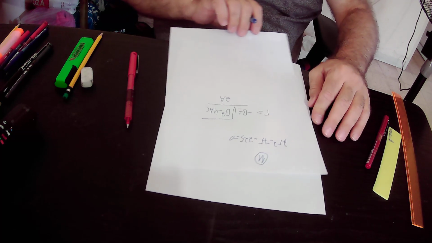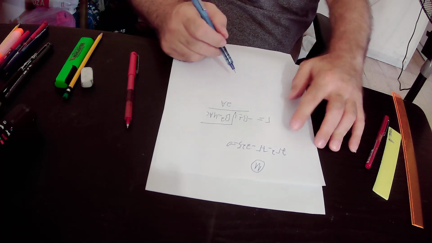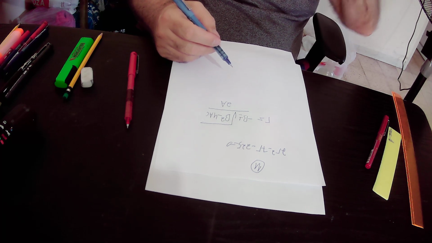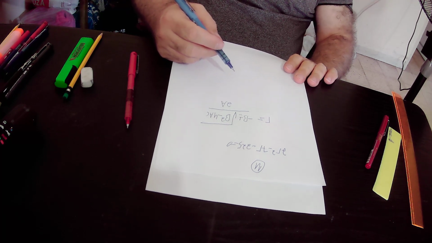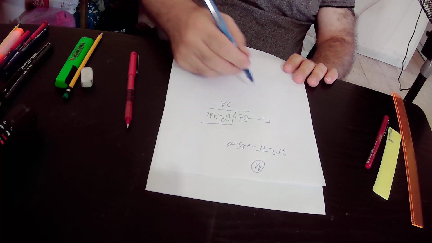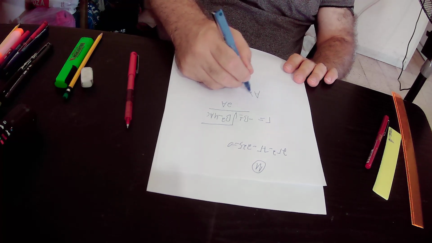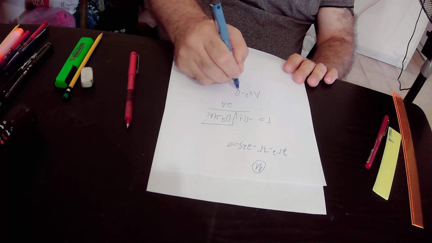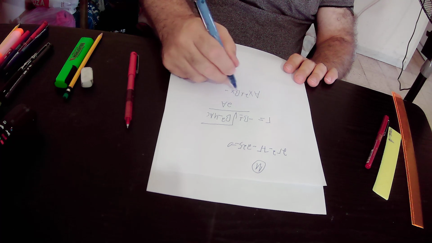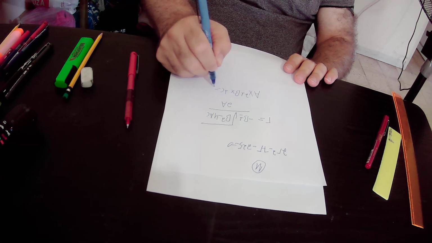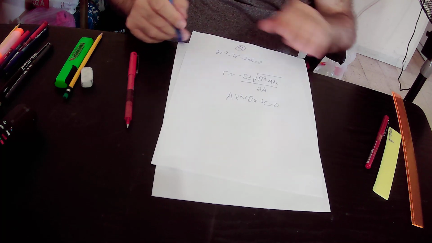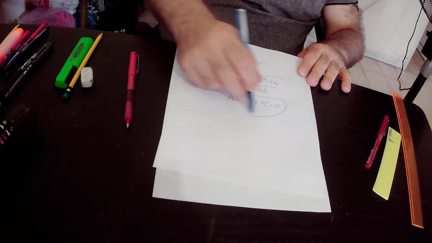Okay, so the general formula for any quadratic equation is ax squared plus bx plus c equals 0.